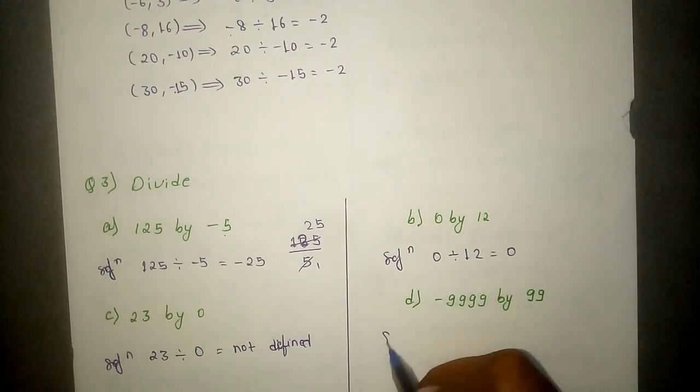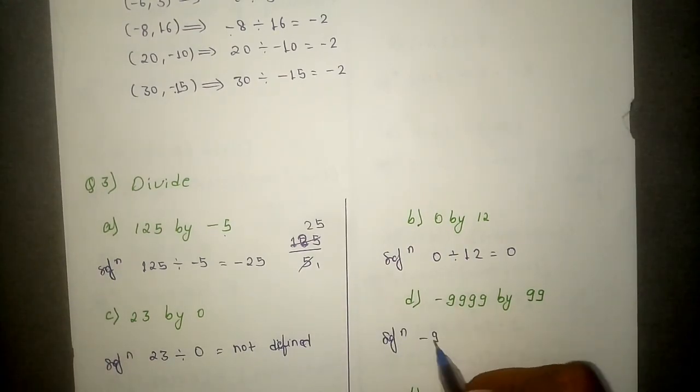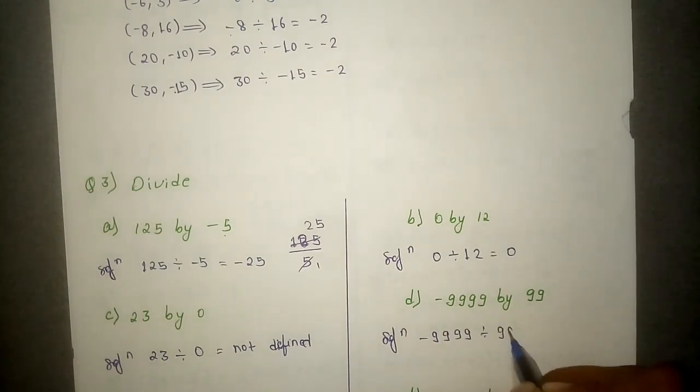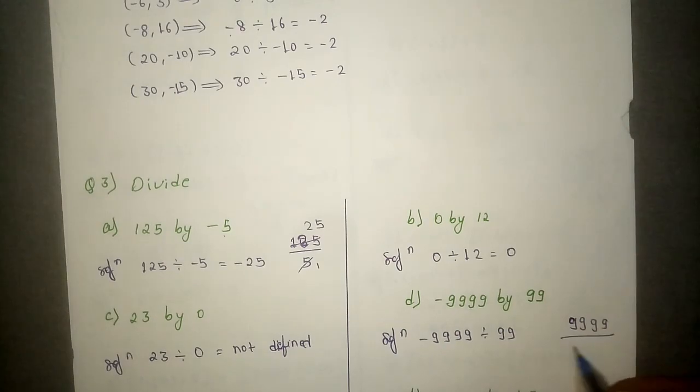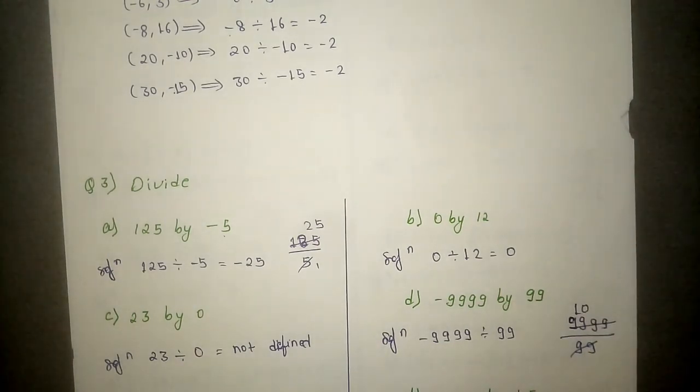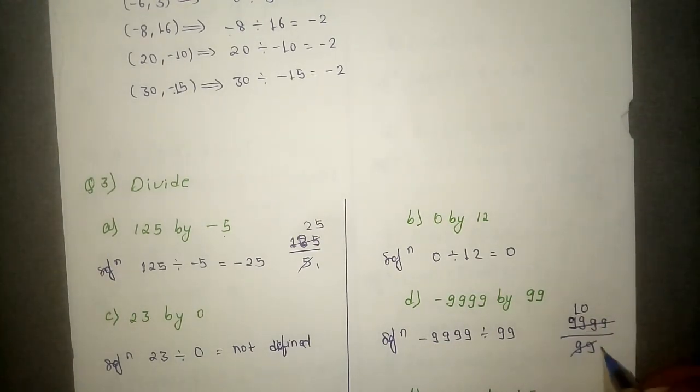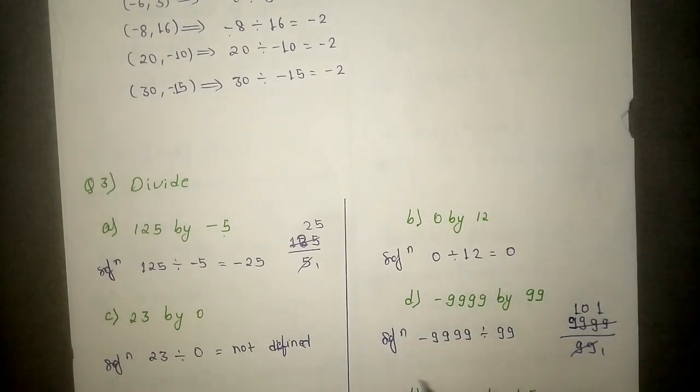Then the next, it is given minus 9999 divided by 99. So here we can perform the cancellation method, 99 into 1, then here it is a 4 digit number so we will take 0, and again 99 into 1 is 99. So here we will get the answer as minus 101, because 9999 is negative.